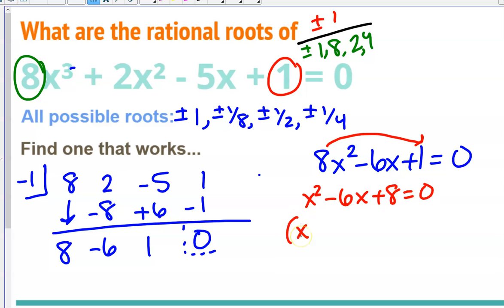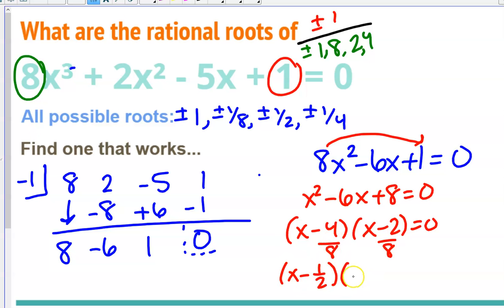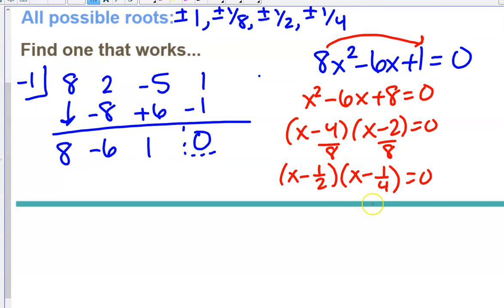That becomes what? x minus 4 and x minus 2. Slide that 8 back out. This fraction will simplify to x minus 1/2. This simplifies to x minus 1/4. Solve for x, going to add that out. So x equals a positive 1/2. Add that out. Here we have x equals positive 1/4. So 1/2 and 1/4.